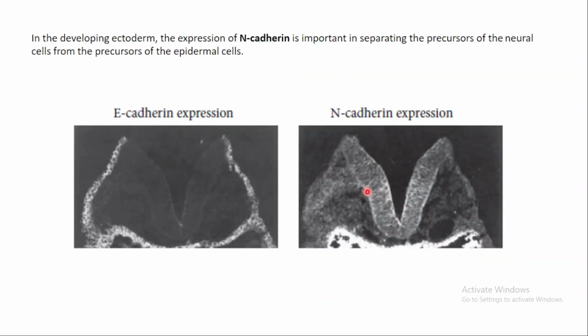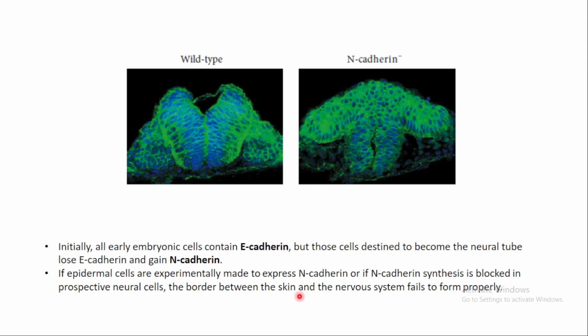So this distinction that we see here, that this part is going to be neural, while this part is going to be the epidermis: now if we express neural cadherin in the epidermis, then it will also behave as a neural precursor cell, and there will be no boundary between the neural tube and the skin. The border between the skin and the nervous system fails to form properly.